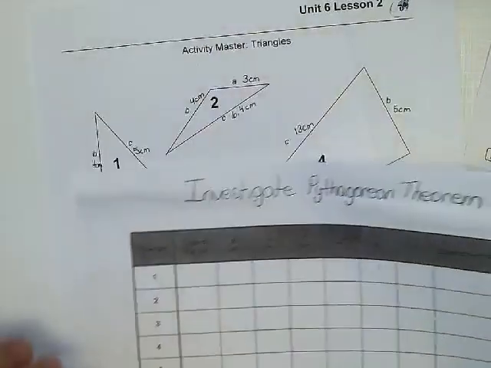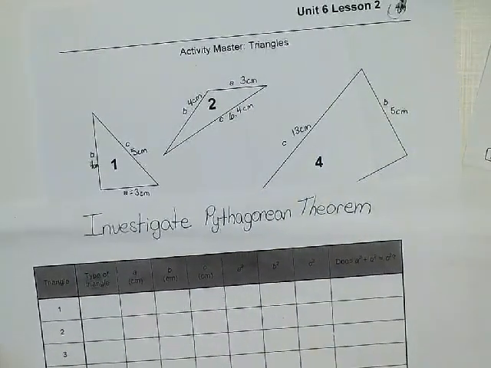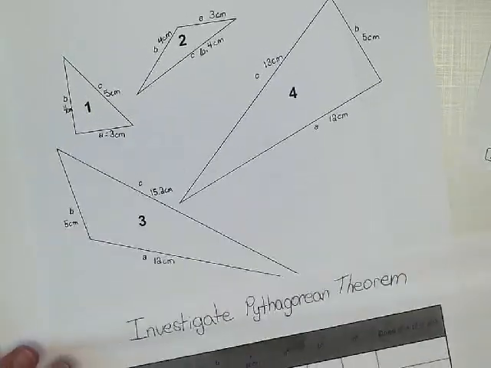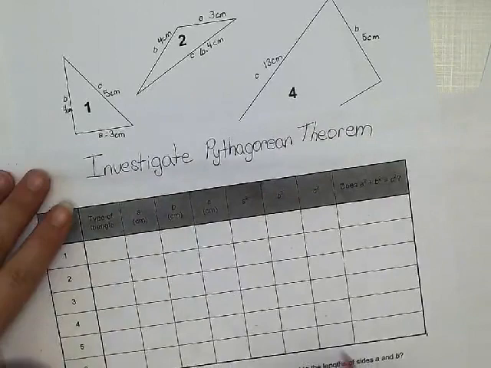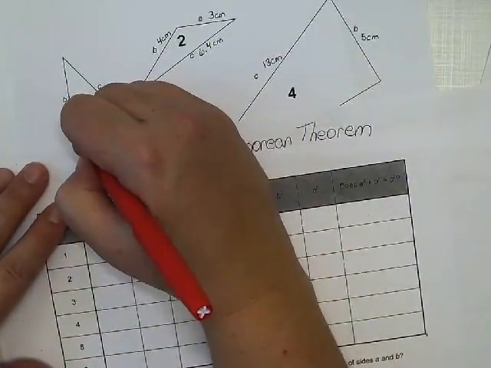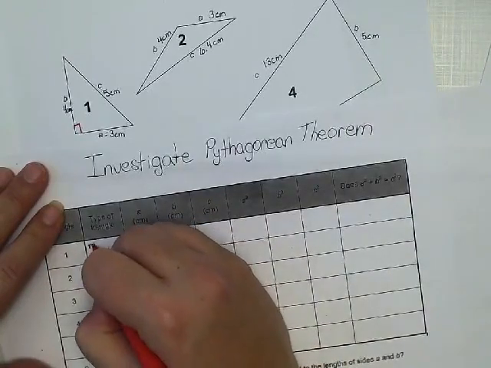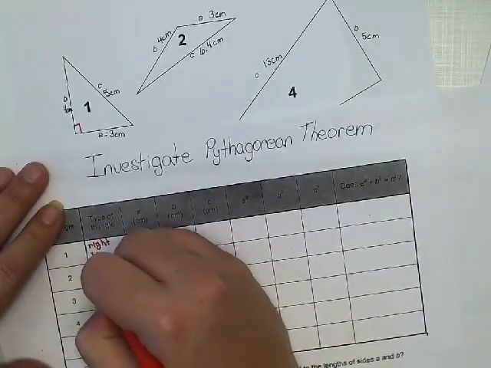So for investigating Pythagoras, you're going to look at the different types of triangles. The first triangle is a right triangle. So this should be a right triangle here. So in the first one, for number 1, we're going to put right triangle.